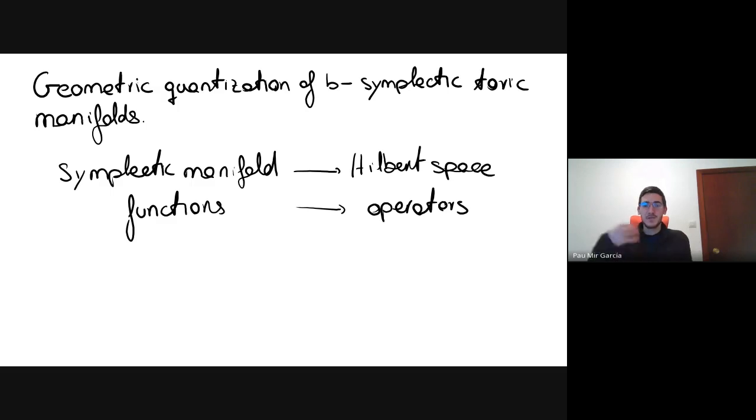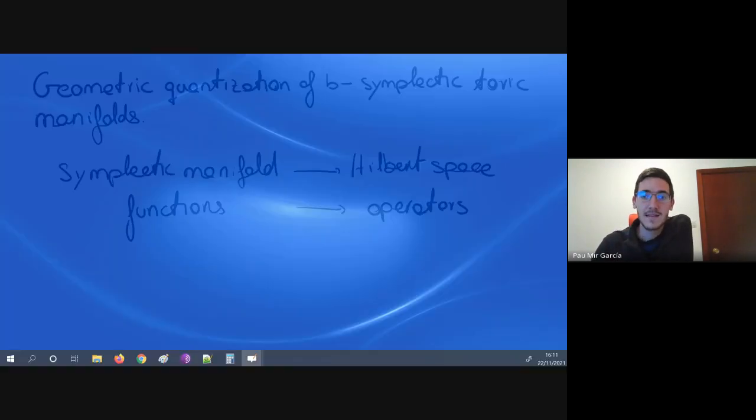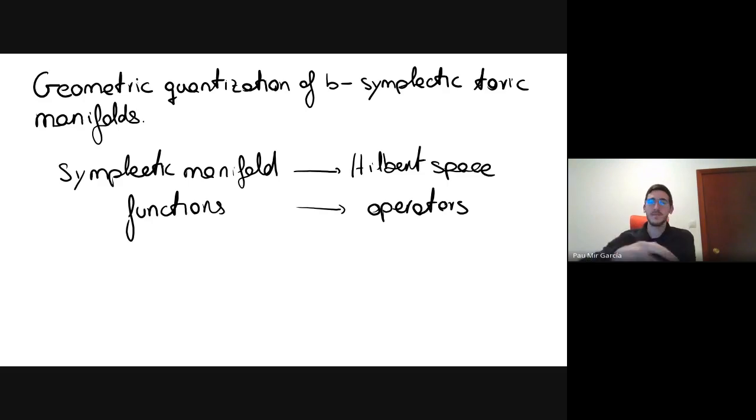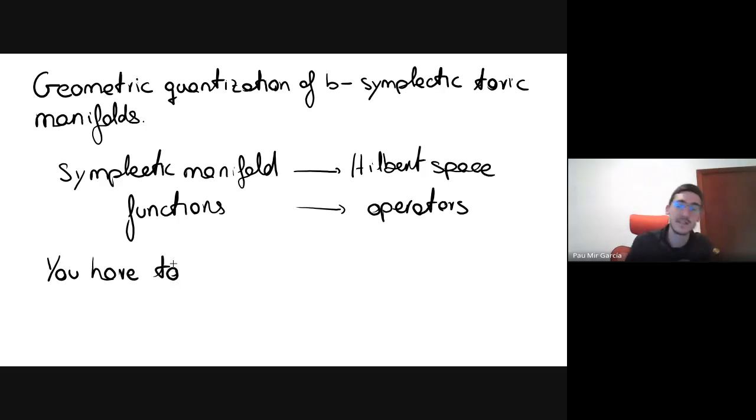But in this case, the procedure is to take your manifold and equip it with a few additional structures to be able to quantize it effectively. So let's see which structure you have to add to the manifold. You always have to add some structure to properly quantize it, and this step is called pre-quantization.